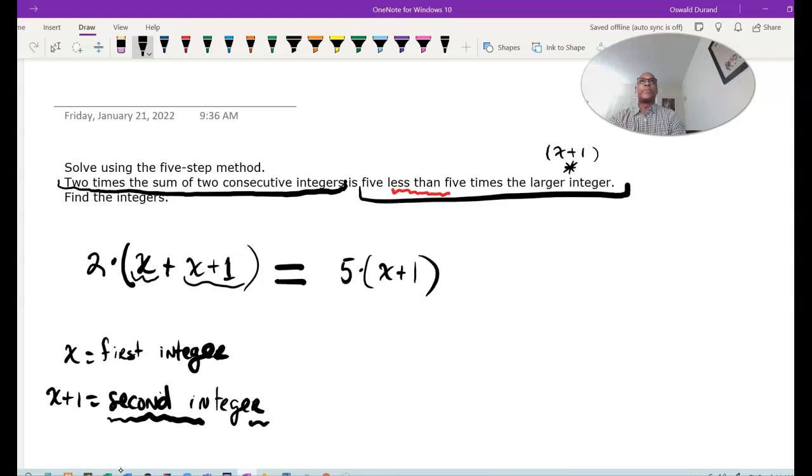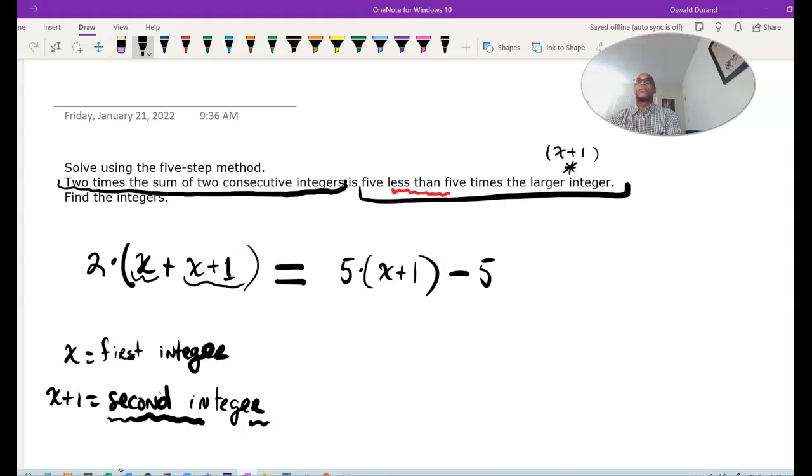And then because we say 5 less than 5 times an integer, we are subtracting 5 from it. This whole thing, you take away 5 from it. Okay, so that would be your setup. Our goal is to actually find the integers. We need to find what x is and what x plus 1 is. So we need to solve this.